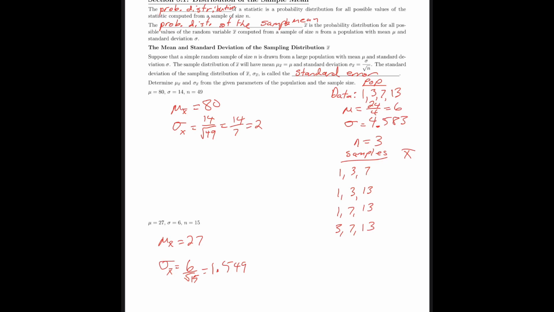So 1 plus 3 plus 7 is 11, divided by 3, would be 11 thirds. Oh, I'm doing these wrong, because I was dividing by the wrong number. The mean for the second one is 17 thirds.